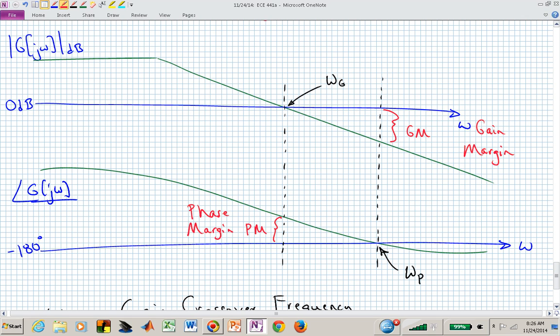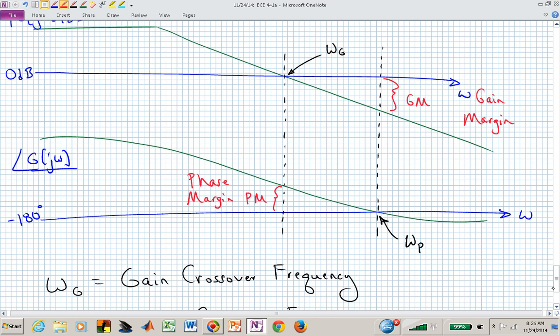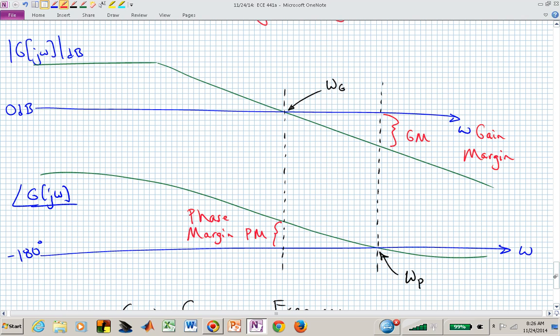And those are pretty easy to find once you have your frequency response data available to you. Meaning you want your phase, when you have a gain of 1, you want your phase curve to be more positive than minus 180 to give you a stable system.